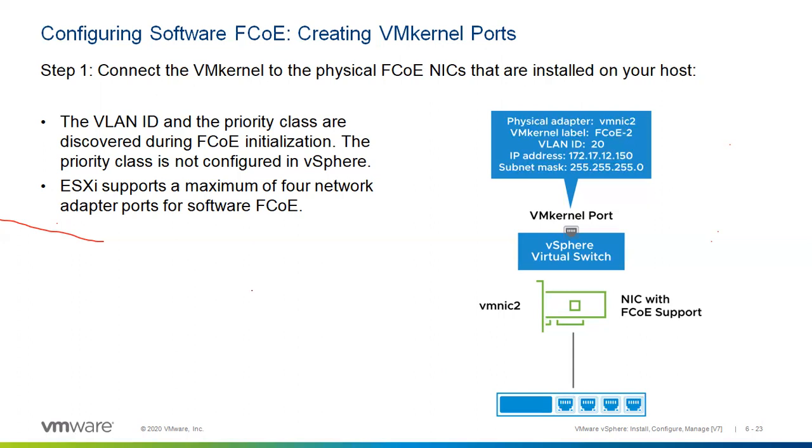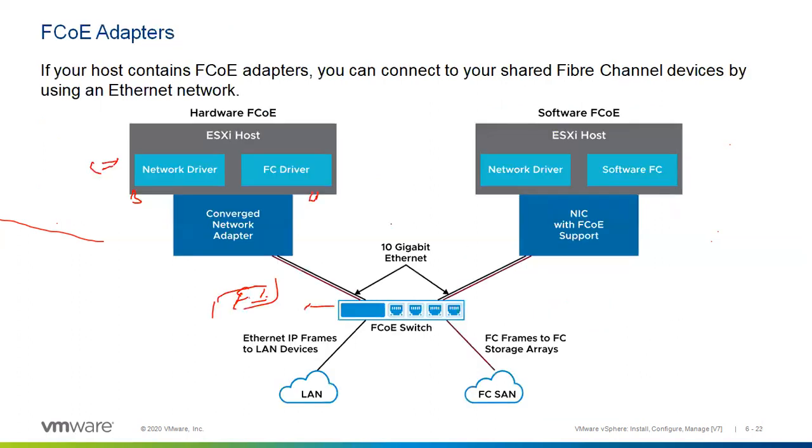Because my FCOE is converged, a single port can be treated as an FC port. If it is an FC port, it will go to FC storage and we have to follow the same concept, zoning and masking. But it also supports Ethernet.